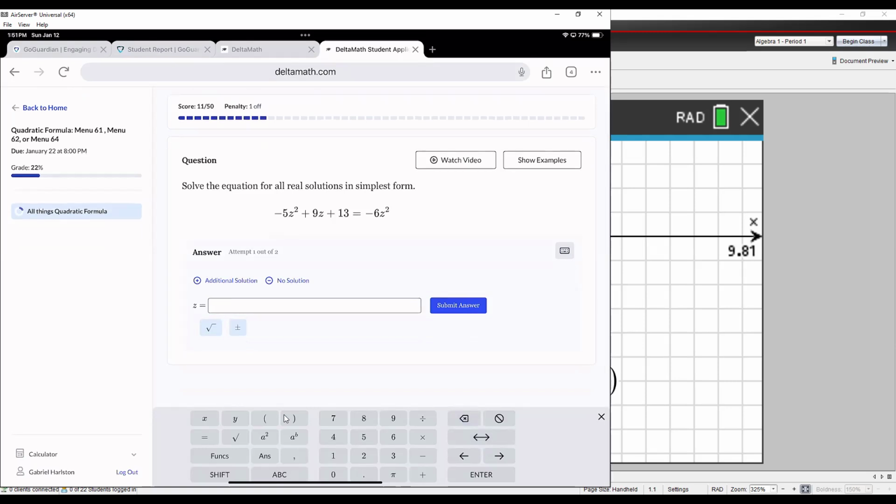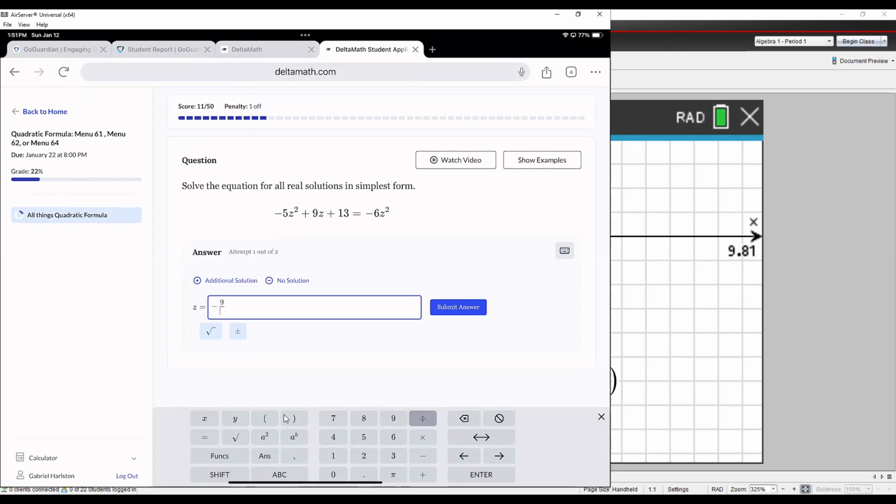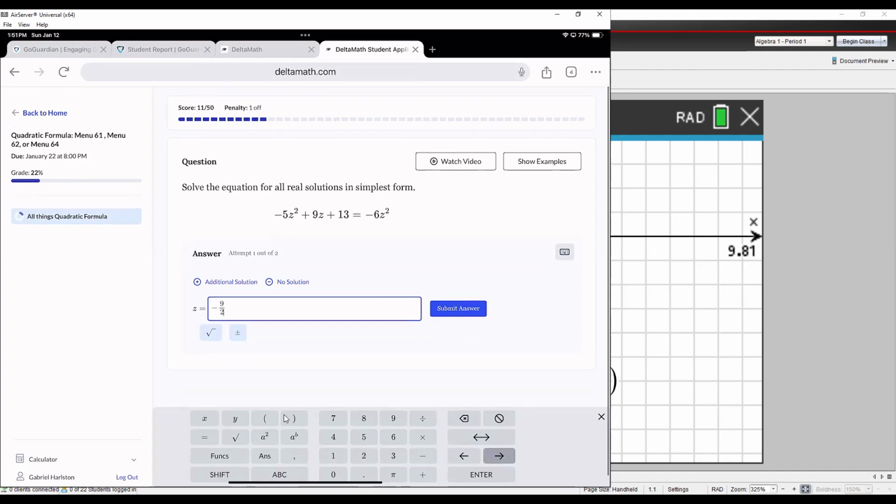So now it's a negative 9 divided by 2. And then it's going to be plus or minus the square root of 29 over 2.